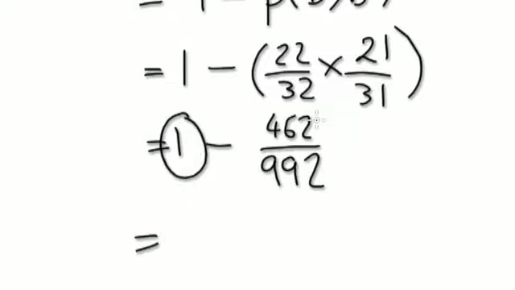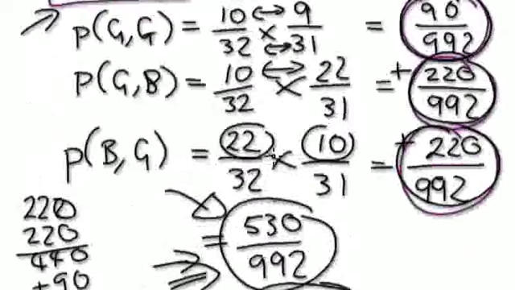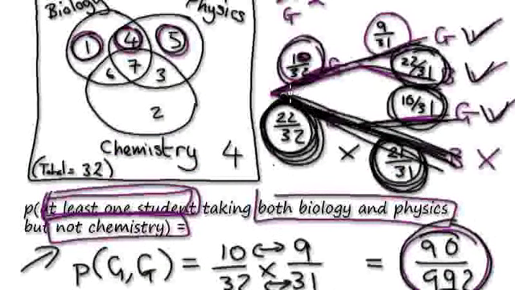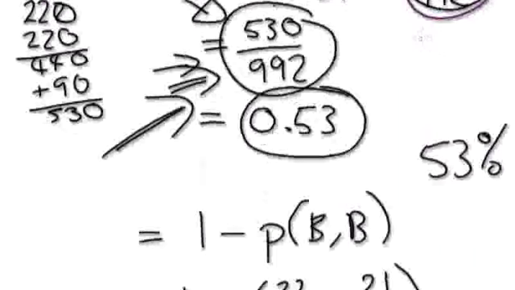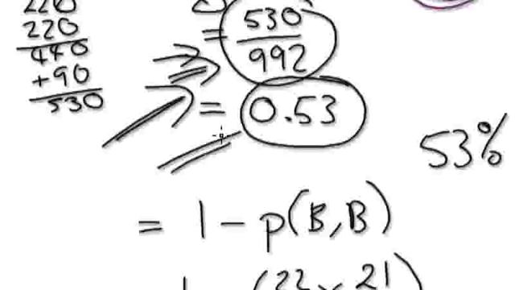Now you can just get 1 take away this. What I'm trying to say is, instead of working out 3 branches and adding them together, you can just work out 1 branch and then get 1 take away this branch. That would be the same as working out 3 branches. Okay? The answer to the question is 0.53.